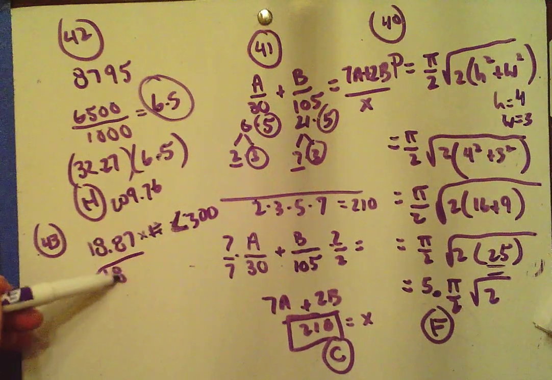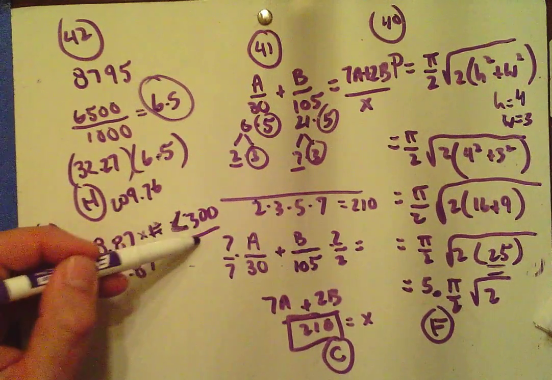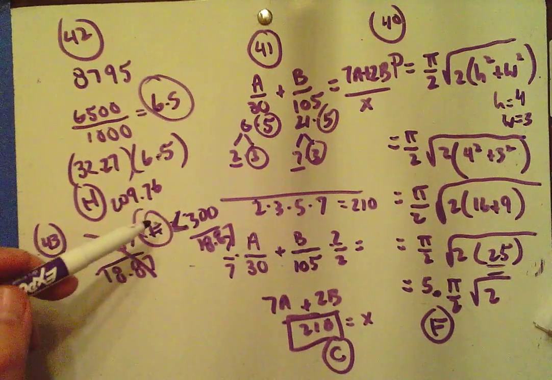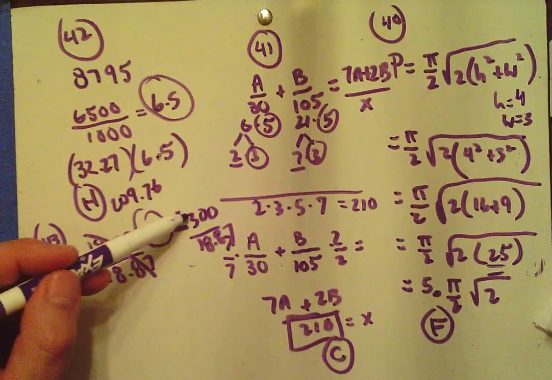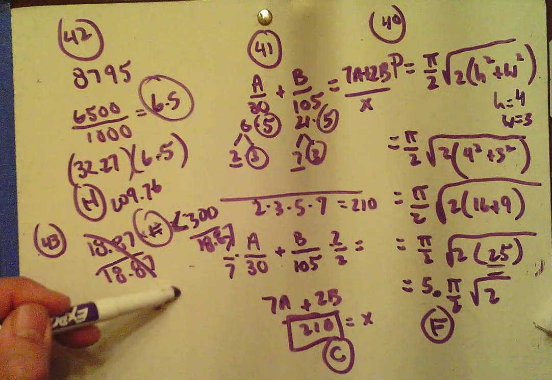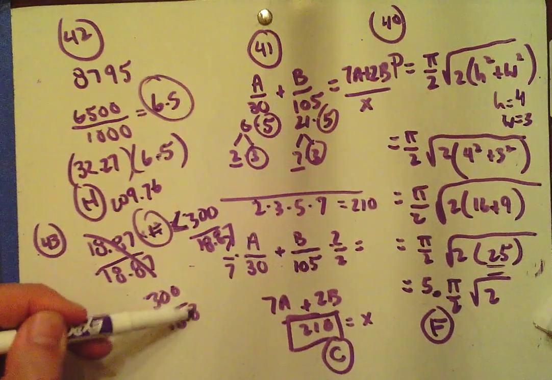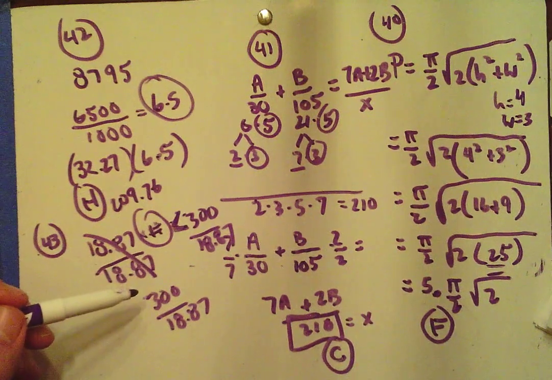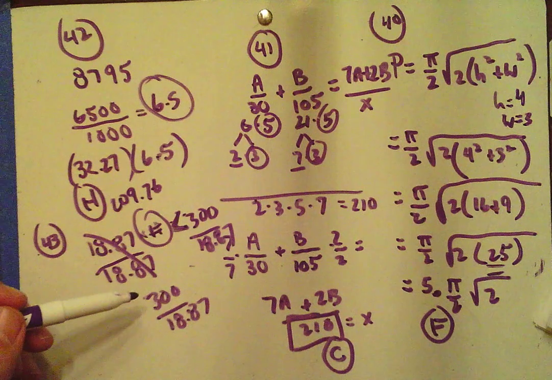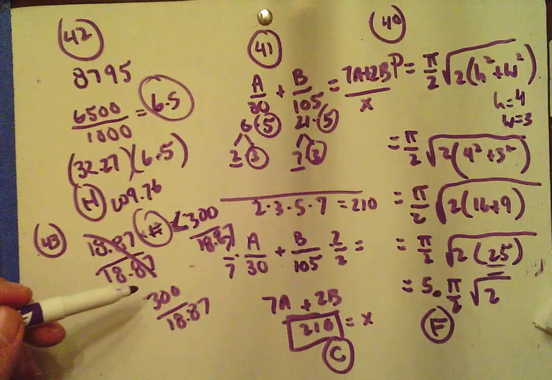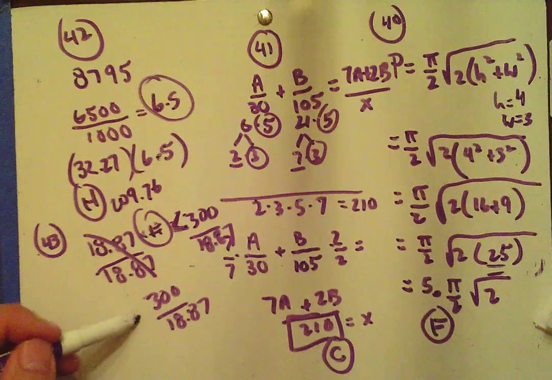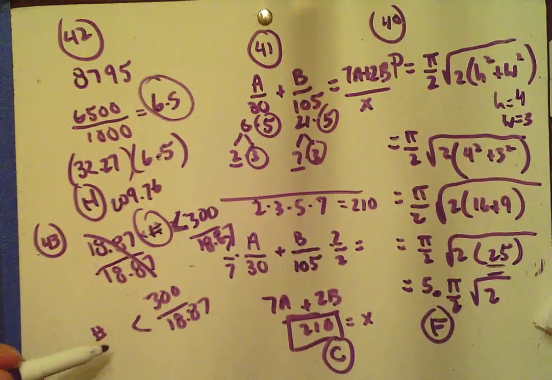If I divide both sides by 18.87, I get the number of $1,000 packets is 300 over 18.87. And I find out that this is more than 14 and less than 15. So I know the number of packets.